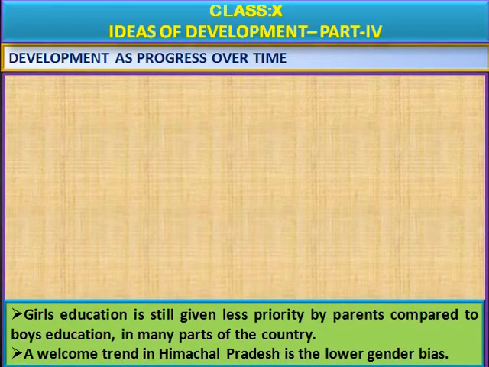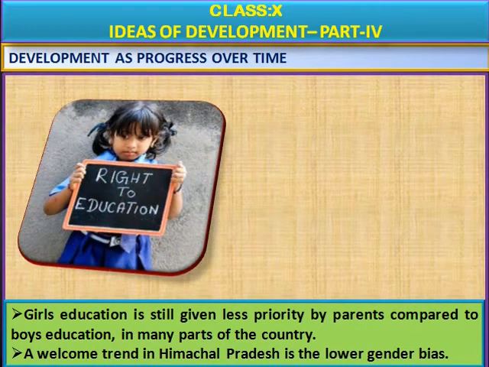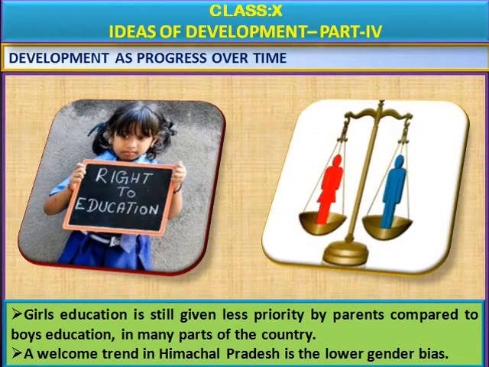We know, my dear children, that in many parts of the country, girls' education is still given less priority by parents compared to boys' education. While girls may study for a few classes, they may not complete their schooling. A welcome trend in Himachal Pradesh is the lower gender bias.